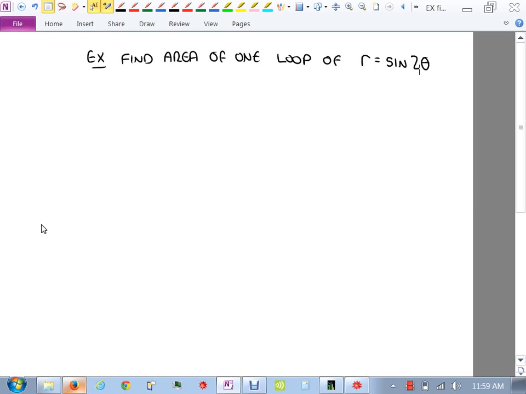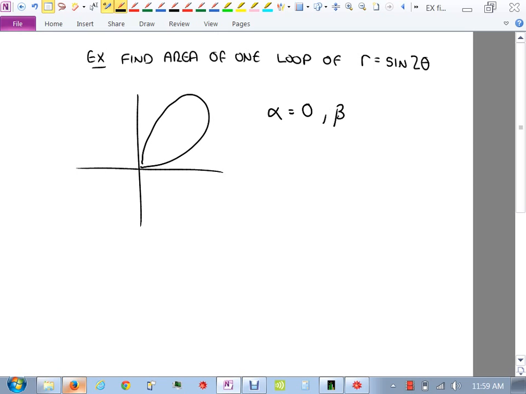So for this one, I know I'm talking about this loop here. Therefore, my alpha is equal to 0, and my beta is equal to pi over 2.